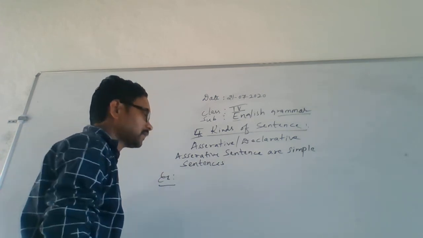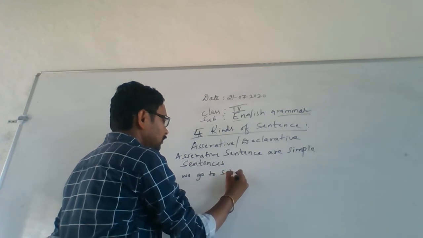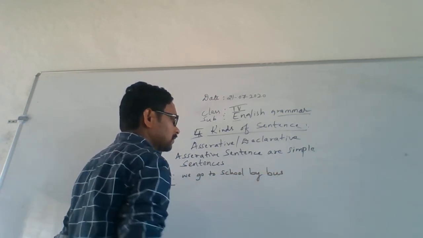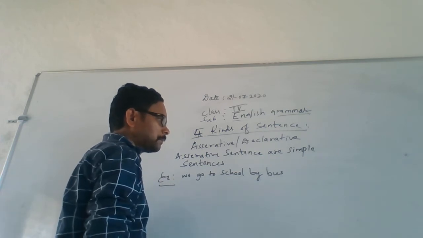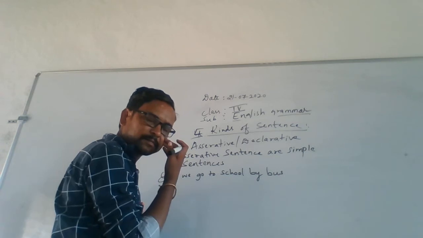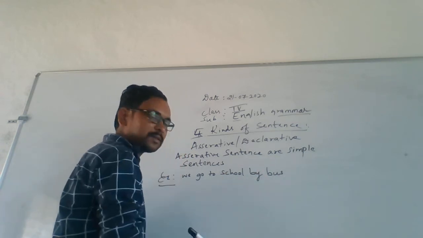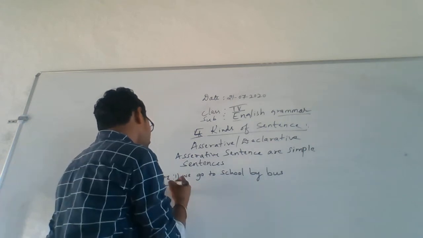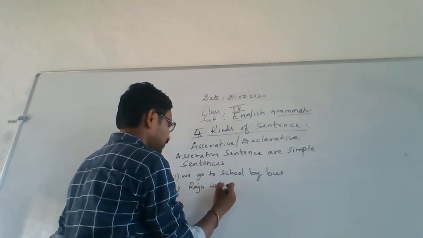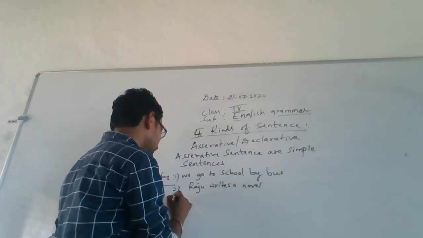For example, we go to school by bus. How do you come to school? By bus. Anybody have aeroplane or train? By bicycle or bus or auto. Is it right? Then Raju writes a novel.